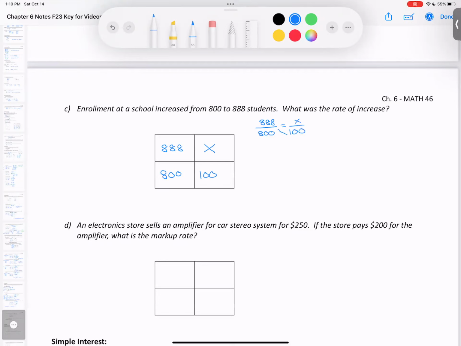Then we can move that 100 to the other side of the equal sign and up, and we've got 888 times 100 divided by 800 equals x. Let's calculate that out, and I get 111. So my percentage is 111%, which means the rate of increase is 11%, because we were at 100% and now we're at 111%. So the rate that it's increased is 11%.